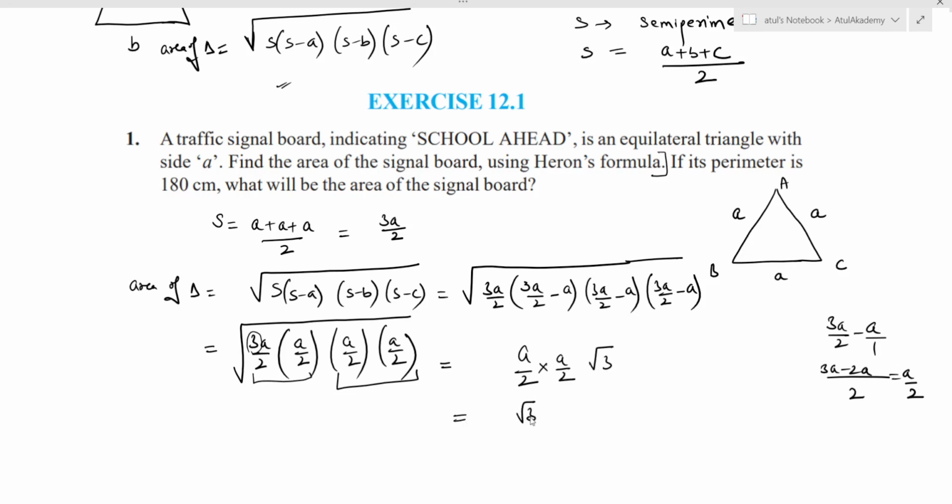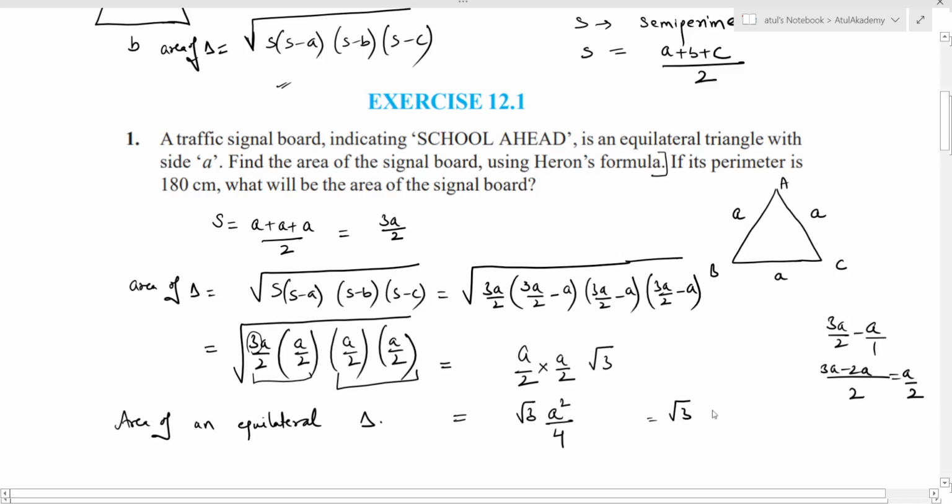Root 3 I'm writing first, then A square, 2 into 2, 4. So that's the formula for the area of an equilateral triangle, which I'll write again: root 3 A square by 4. Clear, students? No doubt over here.